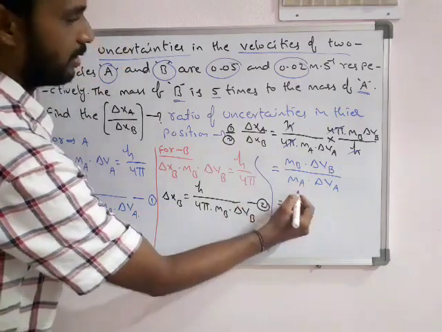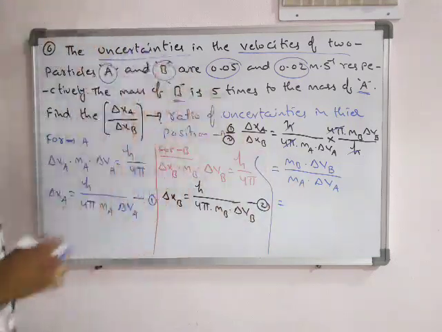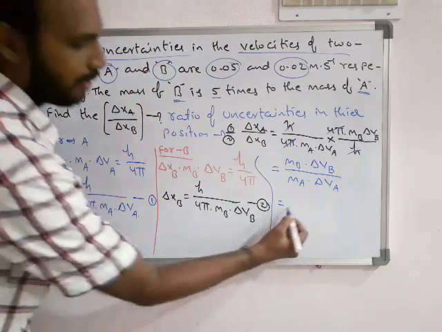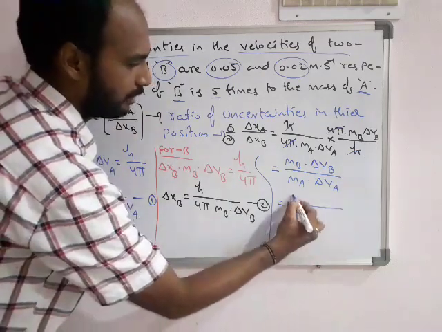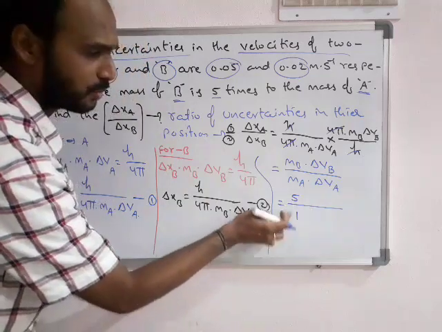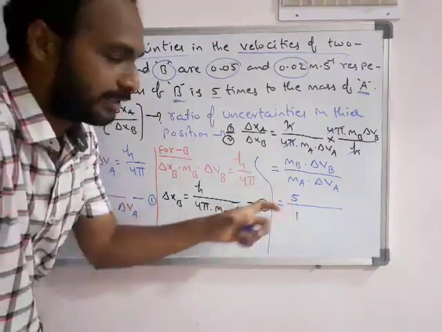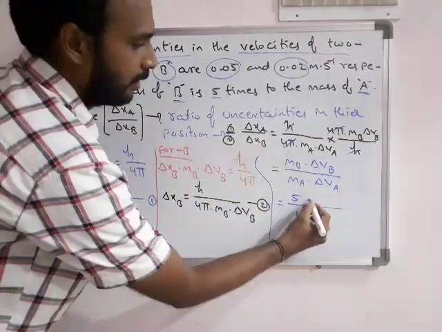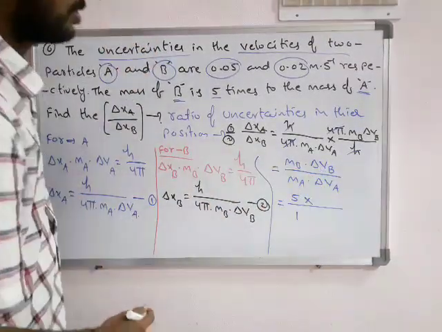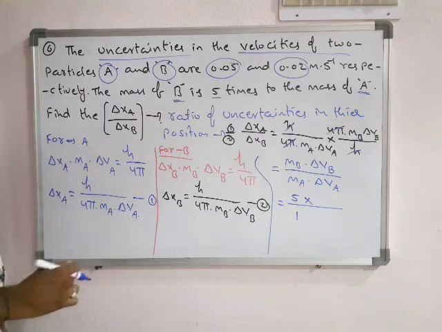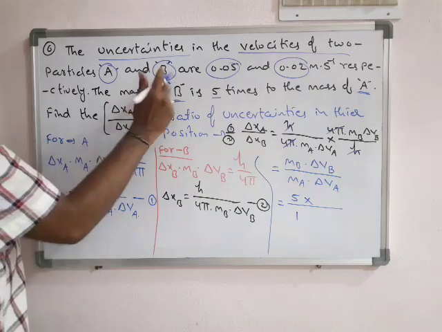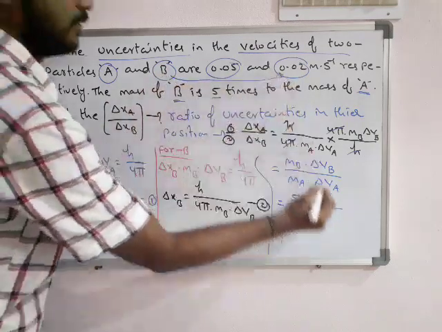What is mass of B? It is 5 times the mass of A. So mass of A we just take as 1, it becomes 5. It is your choice; if you take 10 you take 50, if you take 100, you take 500, that's 5 times. Delta VB how much? Uncertainty of velocity in B particle, 0.02.